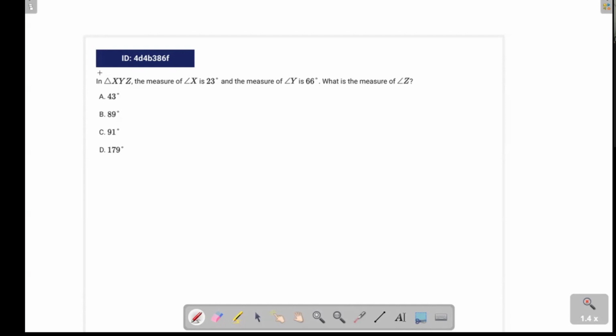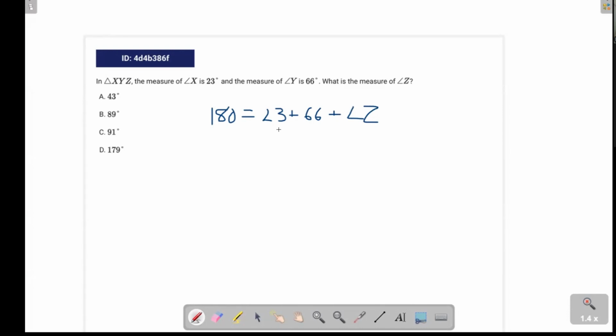So what we're going to see is we have our triangle XYZ. The measure of the interior angles is going to be equal to 180, meaning 180 is going to be equal to X plus Y plus Z. But we know angle X and Y's values are 23 and 66. So you can just write 23 plus 66 and then plus our angle Z. And then from here, it's just isolating angle Z. You can do this with a calculator or you can do it with math.